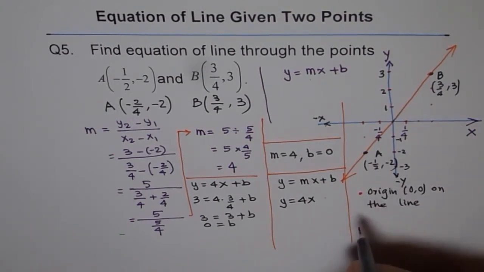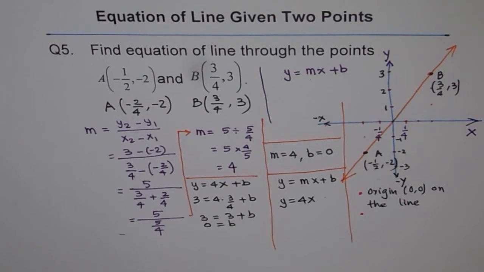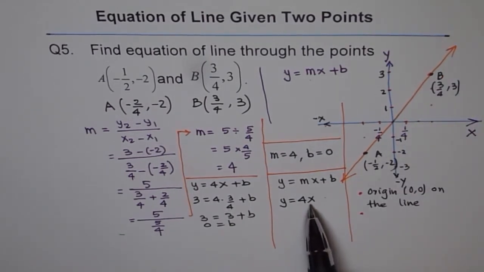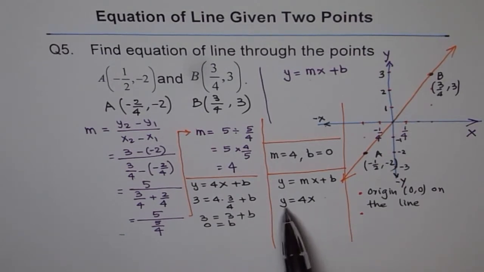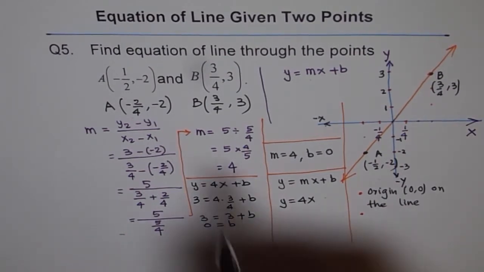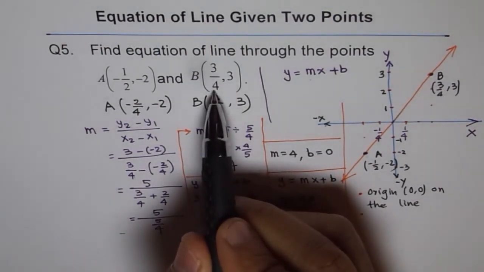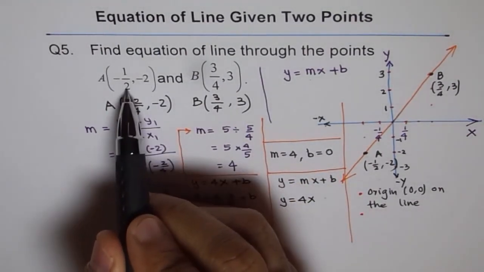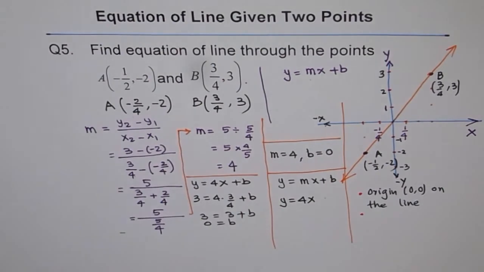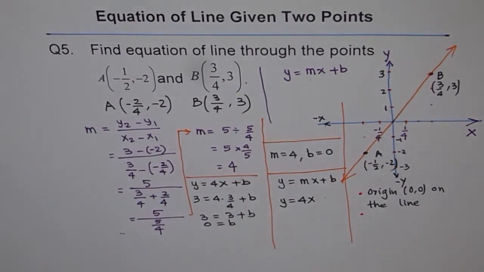So the origin is part of your line. You can find all other points on the line by putting different values of x. If I write x is 1, I get y 4, x 2, y 8, x 3, y 12, like that. All other points, correct? Is it 4 times this? Yes, it is. Is this 4 times this x value? Yes, it is. So the y value is 4 times the x value, and that is what you get, right?